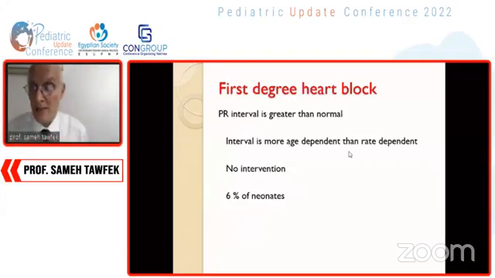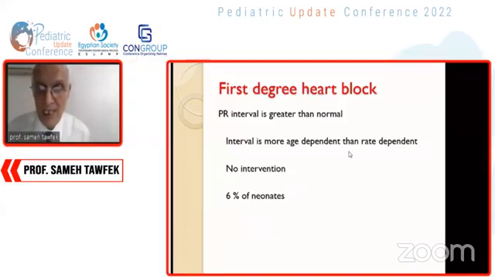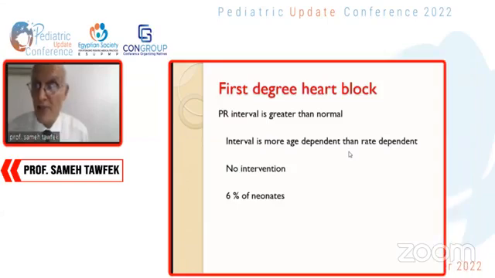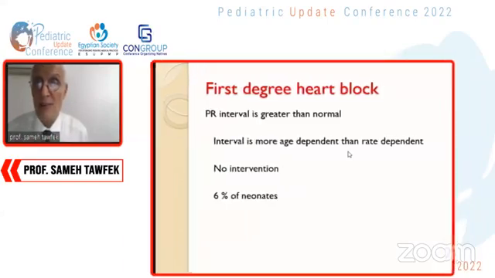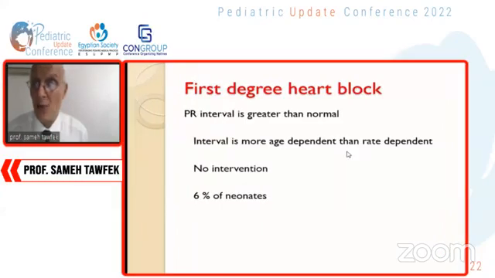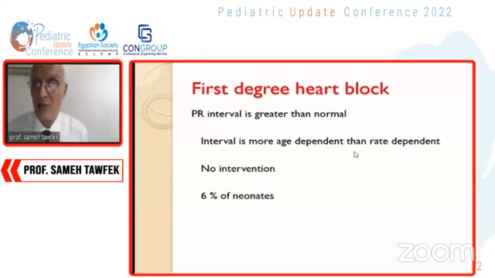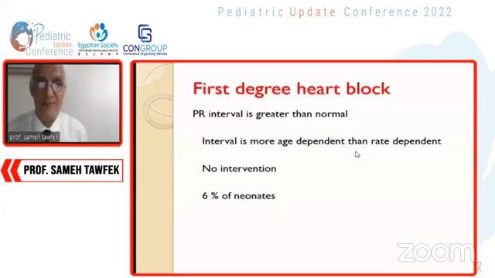First degree heart block is just a prolongation of the PR interval. No intervention is done. It is a normal phenomenon that occurs in about 6% of normal neonates. It needs no intervention.